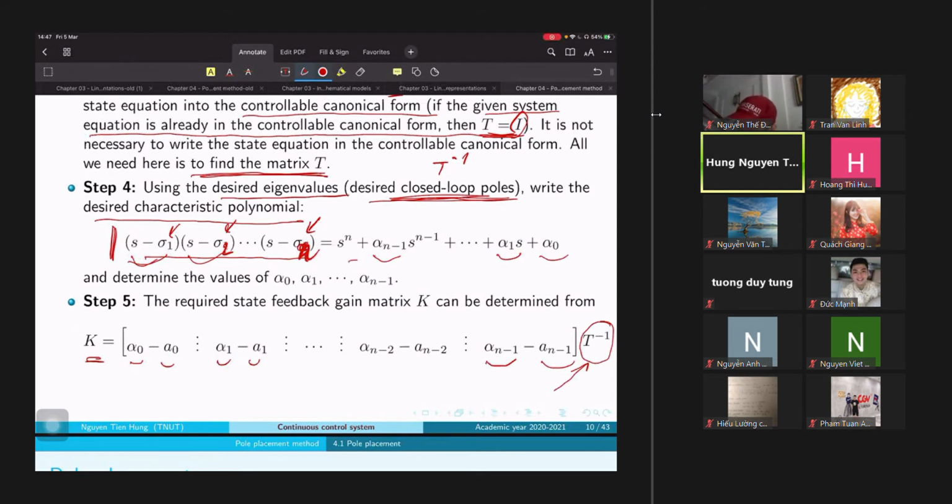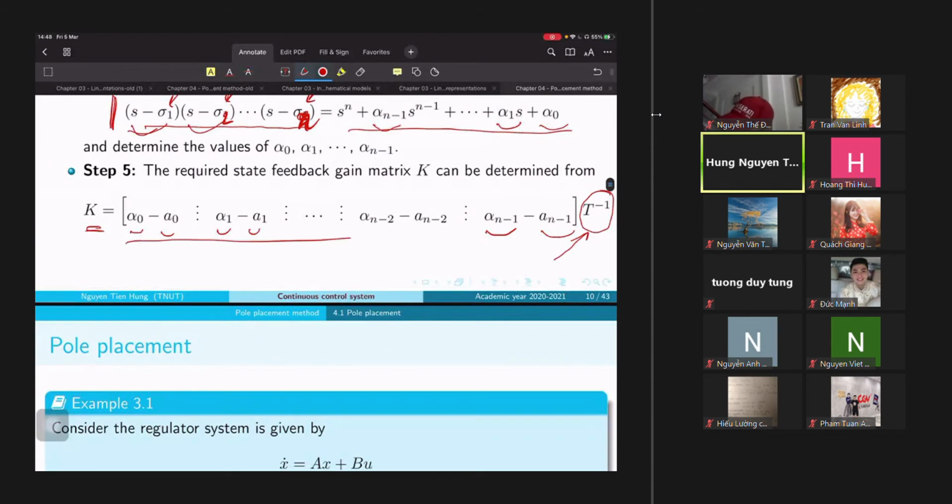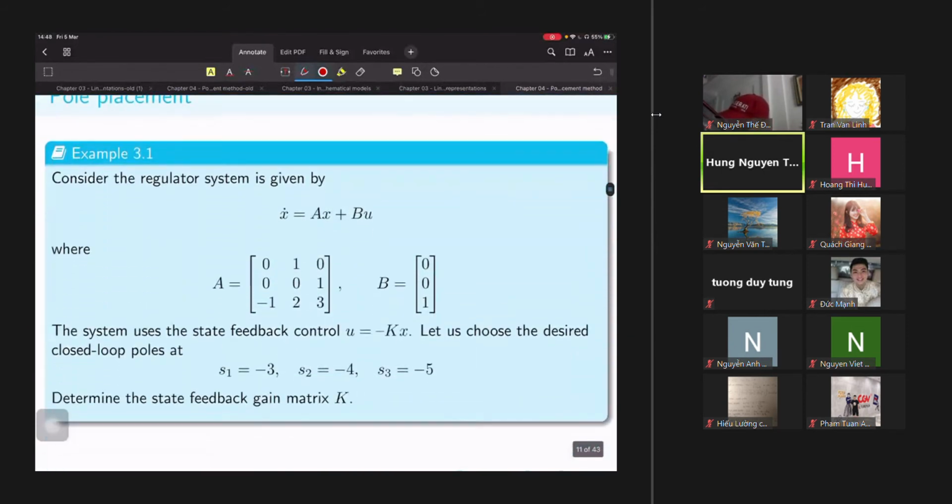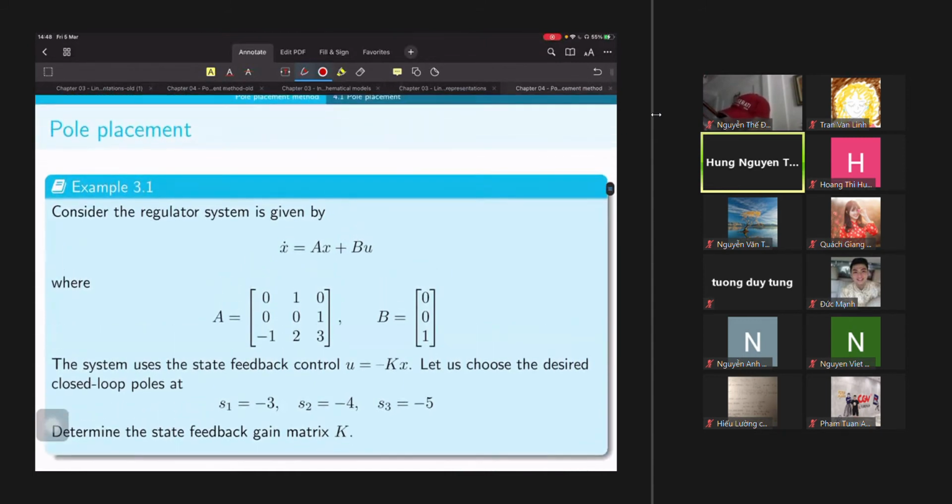Then we get the polynomial of the characteristic polynomial of the eigenvalues. And then we apply this to find the gain matrix K. Then we will do this by using an example to understand the method. Now look at the system given by this equation.